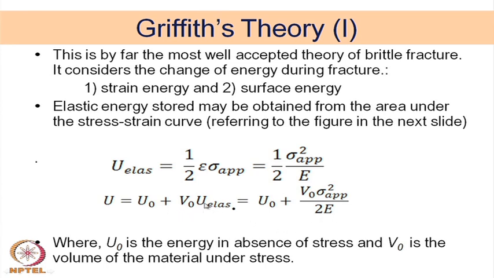Of course you have to multiply by V0, because this energy term is per unit volume. V0 is the volume of the material under stress, then this becomes the total elastic energy: U0 plus V0 times sigma applied square by 2E. So, this is the elastic energy term which we have indicated here.